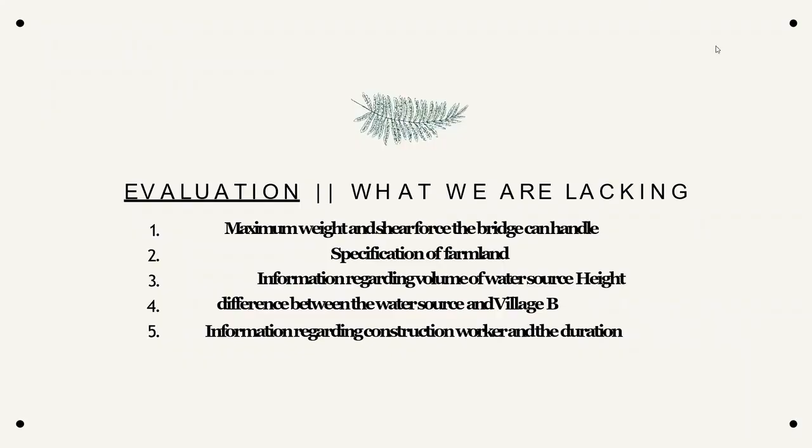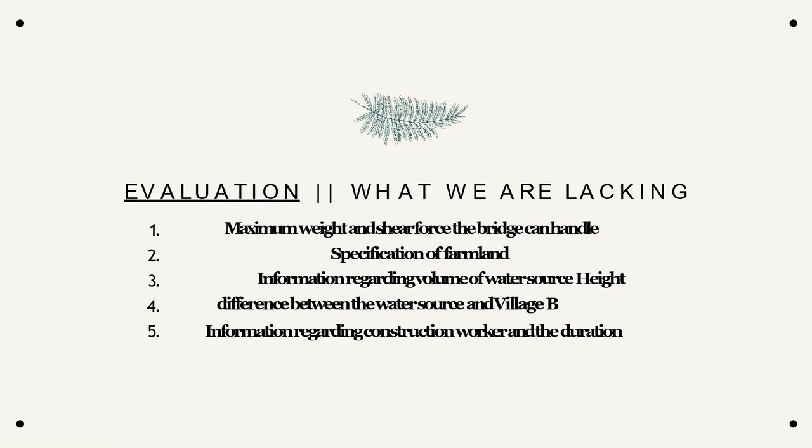As for the final evaluation based on our design results, there are several evaluations for our design. First, we need to know the maximum weight and shear force that the bridge can handle. Second is the specification of farmland to know what kind of crops and what type of plants are going to be grown in village B. Third is information regarding the height and volume of water in village A, so we could know exactly how much the water source is.